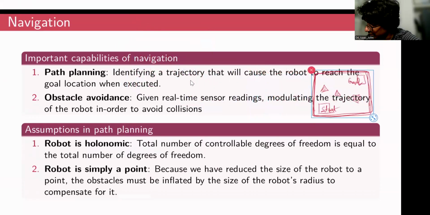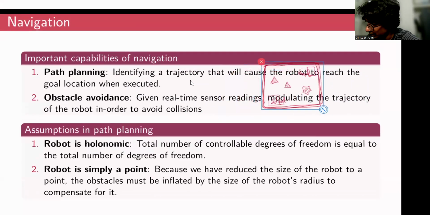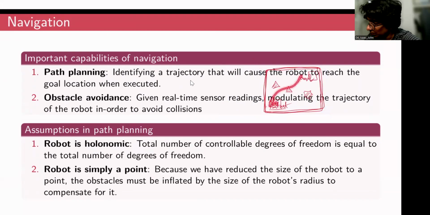If I paste it over here, there could be multiple such paths from the start position that can navigate through the obstacles. So the navigation subsystem should be able to identify a trajectory or trajectories that will cause the robot to reach the goal location when executed.